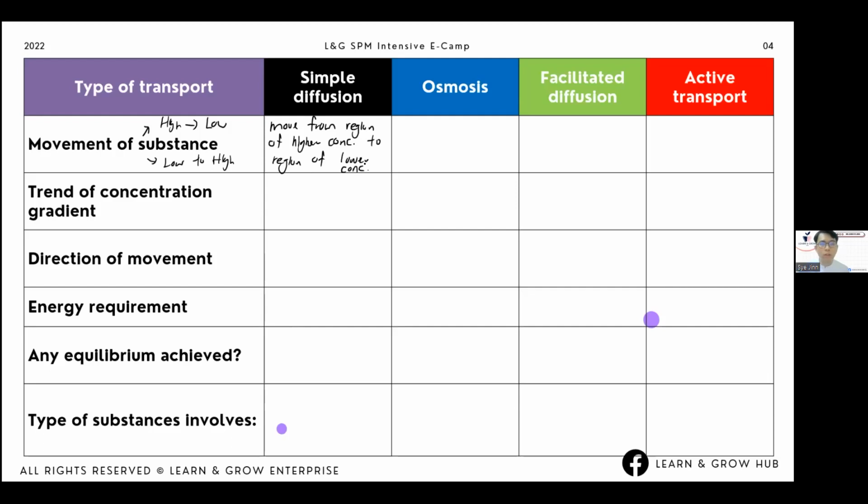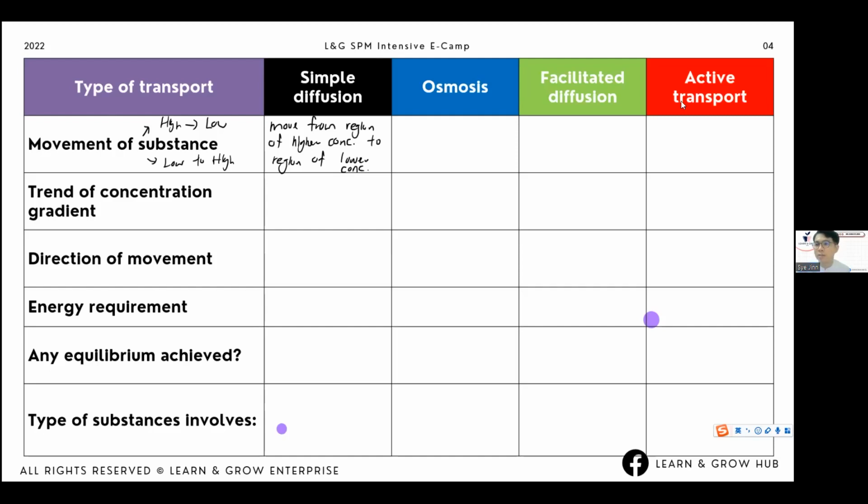So this will apply to some other transport in this table. But if I ask the floor members today, we have 5 students today, does any of you know which transport is not following this theory? Because this theory is from high to low. Is there any transport that is from low to high? I give 10 seconds here.